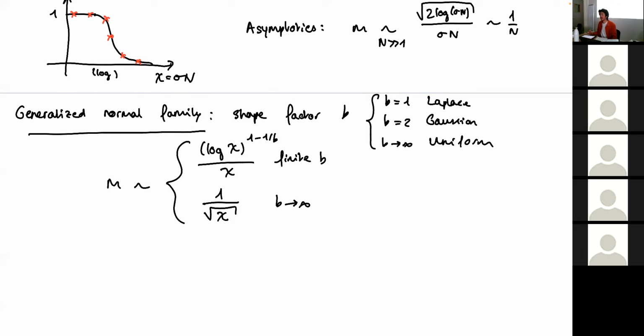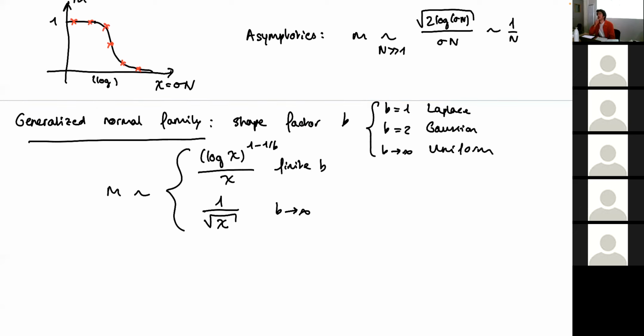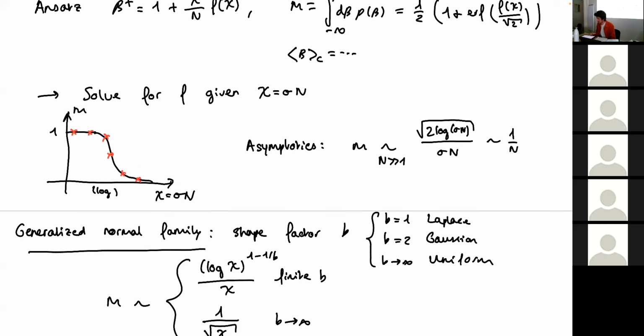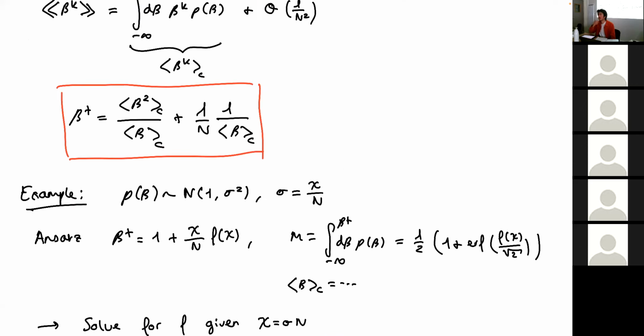A question about the self-consistent equation, related to my previous one. So there are no multiple solutions, the beta plus equals exactly.